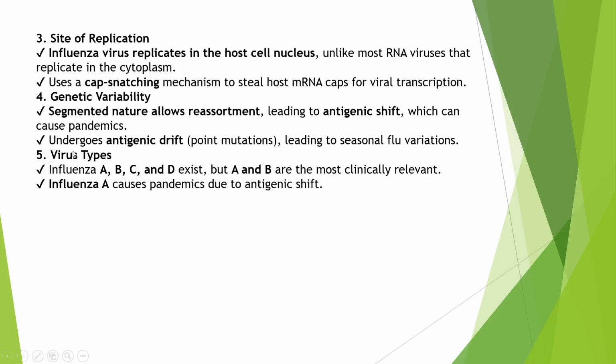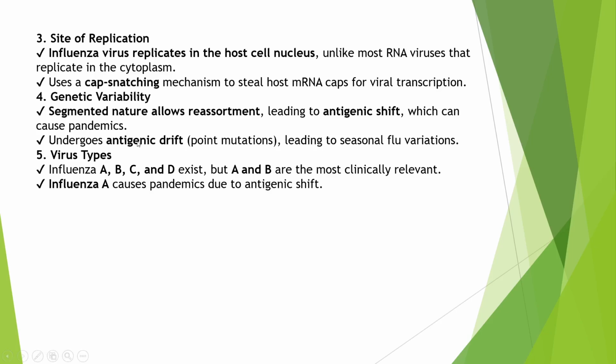So it undergoes antigenic drift also. So other than antigenic shift, it also undergoes antigenic drift, that is point mutations. So even a single nucleotide change can lead to change in the complete immune response against the virus.